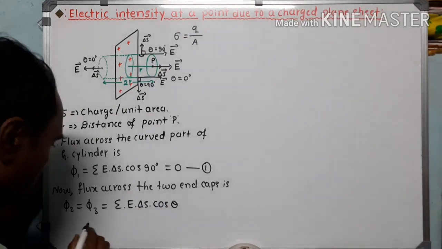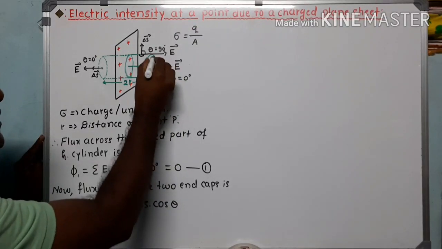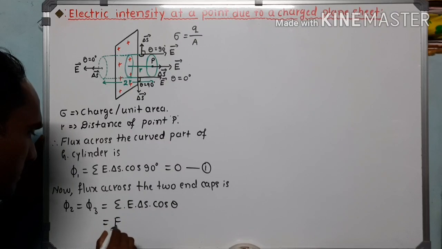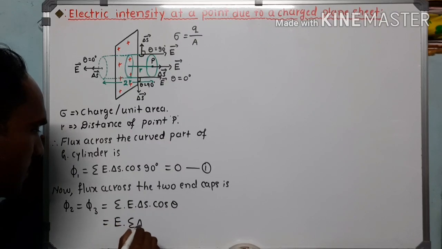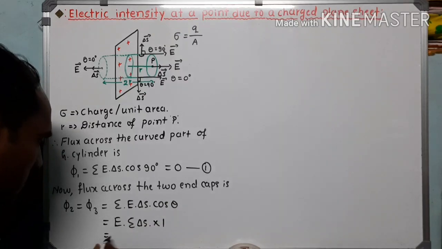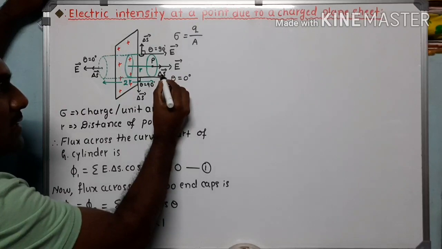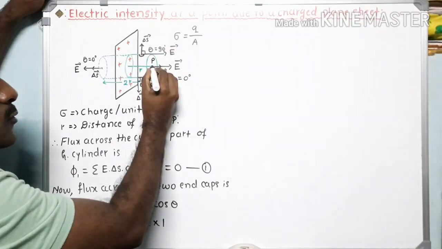Getting the idea? Now E is constant. E is constant at all points. That's why it's taken outside. Summation of delta S cos 0 is 1. That is equal to E into delta S, the area surrounding the point P.